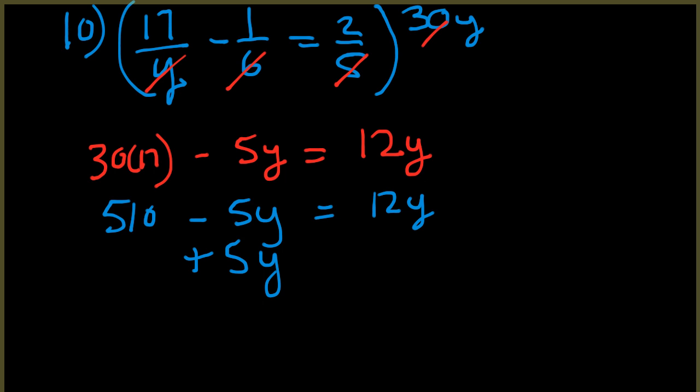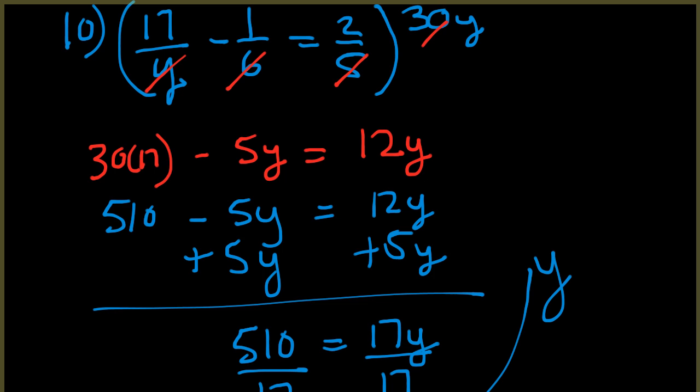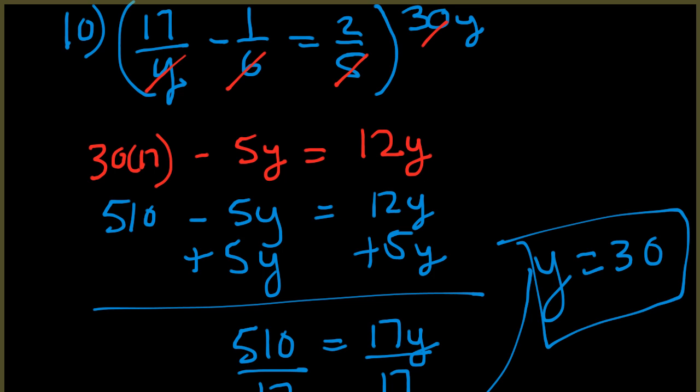Combine my like terms, and I get 510 equals 17y. When I divide both sides by 17, I find that y is equal to 30. Write that over here. Y equals 30. Okay? Take a minute, copy the notes if you need them, and then move on. Pause the recording if you need to.